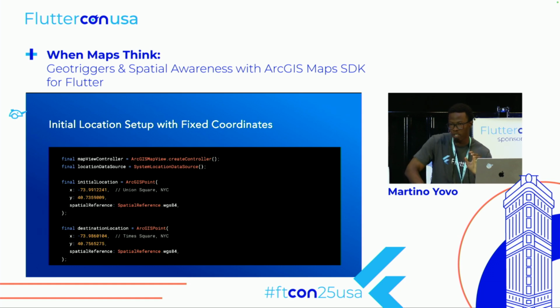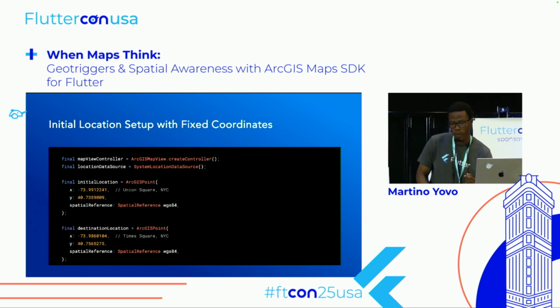If you want to add something specific, like let's say graphics or geometries to the app, the controller is going to handle all of this. And of course, you need a location data source that we previously defined, whether you want to use the system location data source or maybe the simulated location data source for demos like this. Yeah, so you will need an initial position and a destination position.